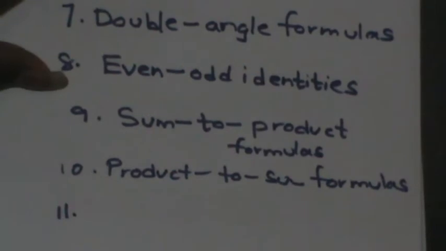And the 11th one, and the last one, being half angle formulas. Alright, so those are the 11 types of identities and the types of formats that we need to understand the different equations in order to solve the problems of trigonometry whenever you get them.